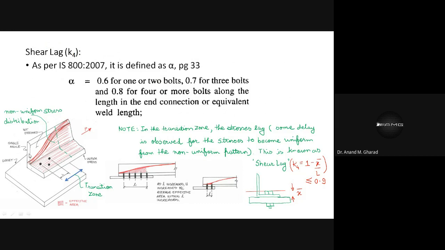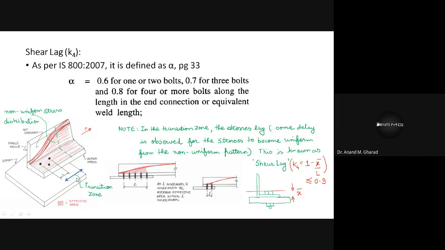However, this leg which is not connected, which is also known as outstand, for this portion you will see the stress variation is something of this sort, which is non-uniform. And the portion of non-uniform distribution, as you can see from this figure, is from, let's say, this point to this point.